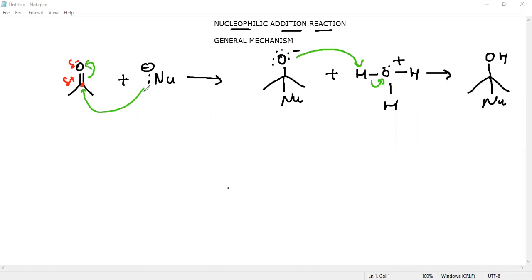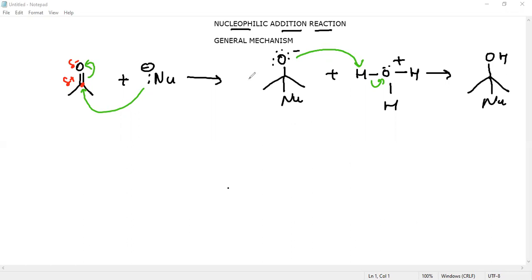It will invite the attack of this nucleophile on this partially positive carbon, so the nucleophile will go ahead and add here. Then since carbon can form only 4 bonds, this pi bond will be pushed over to the oxygen, giving it another lone pair, and this oxygen will bear negative charge.